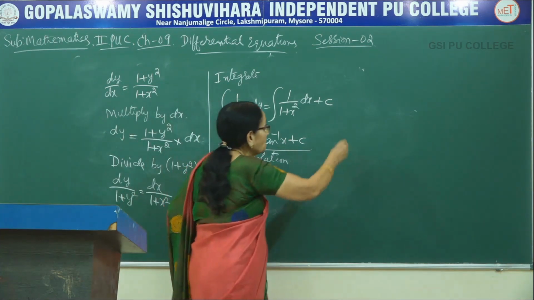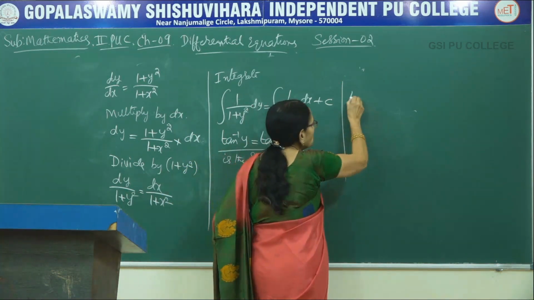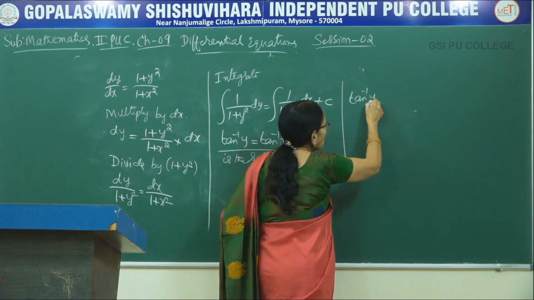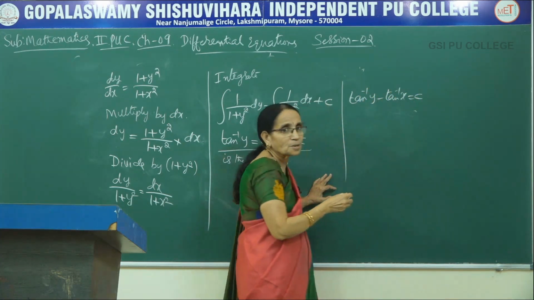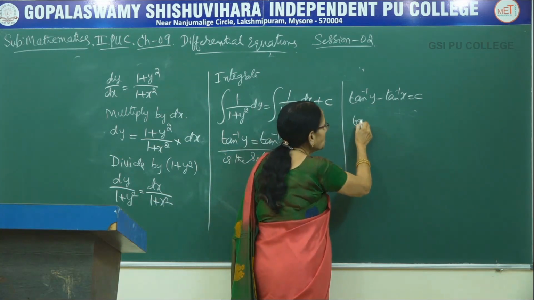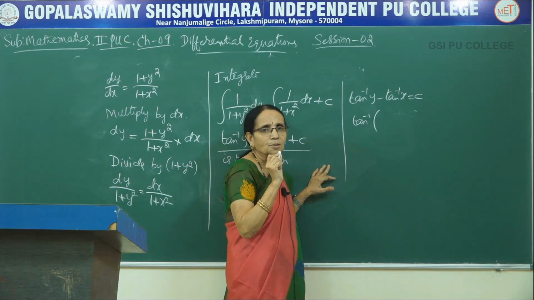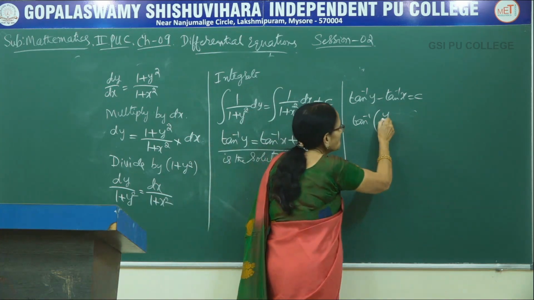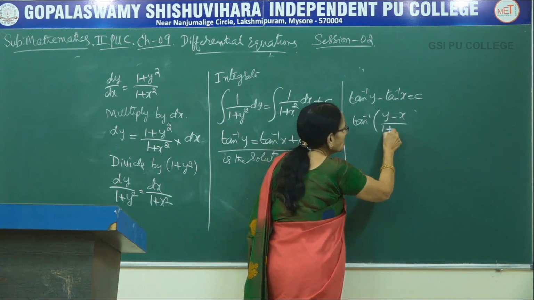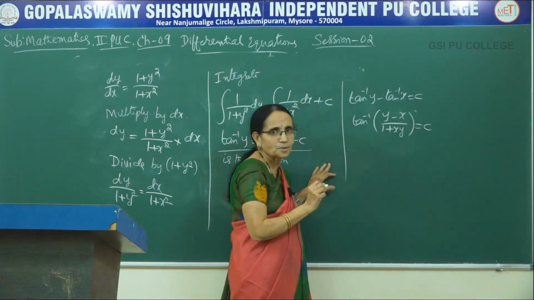How you can do this is, just I am showing you. If it is needed, you can use that one. Now, write it as tan inverse y minus tan inverse x equal to c. That is, use the property of the inverse trigonometric function, that is tan inverse x minus tan inverse y is tan inverse of x minus y over 1 plus xy. That is tan inverse of y minus x over 1 plus xy, that is equal to c.